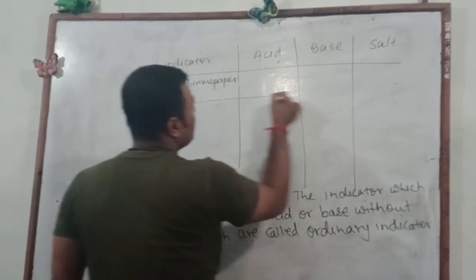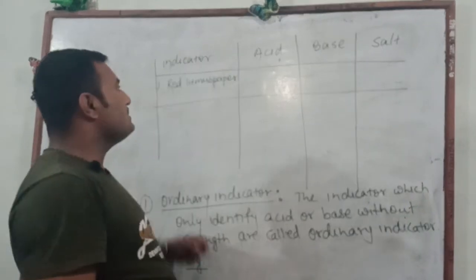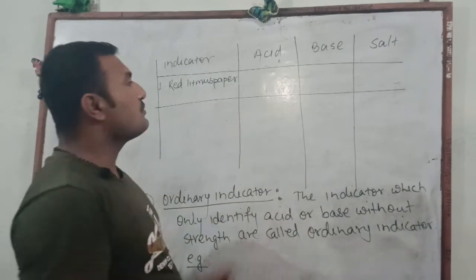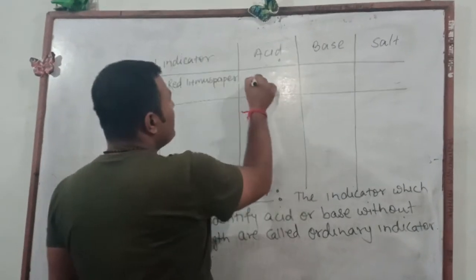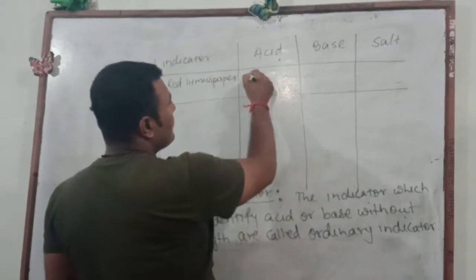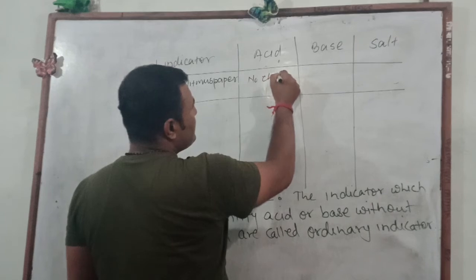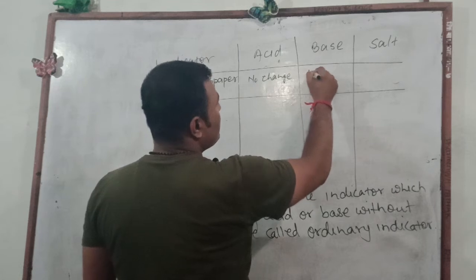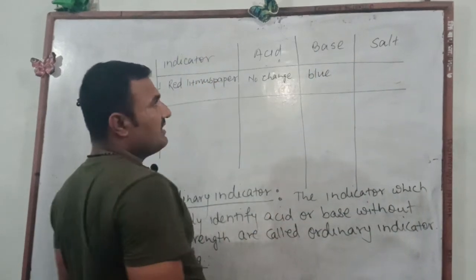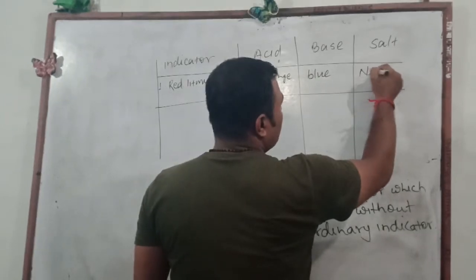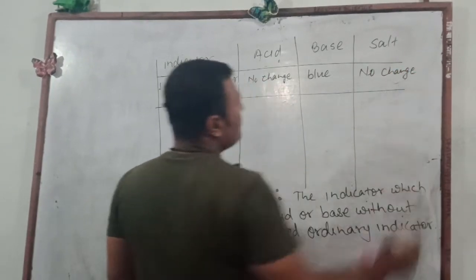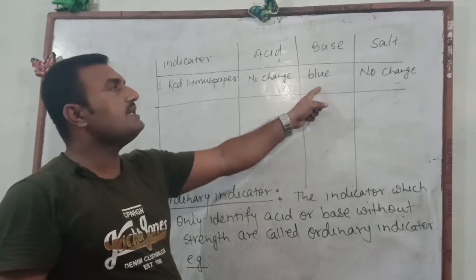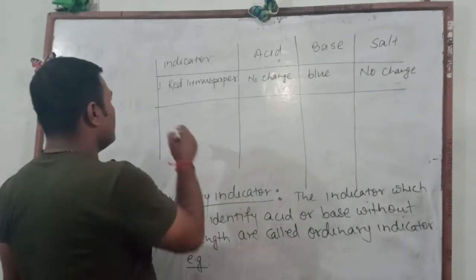Red litmus paper is an ordinary indicator which is used to identify acid or base, and its color changes in solution. When red litmus paper is used in acid, no change in color takes place. But when it is used in base, it changes into blue color. Similarly, in salt, no change in color. The color of red litmus paper only changes into blue in base or in alkali.